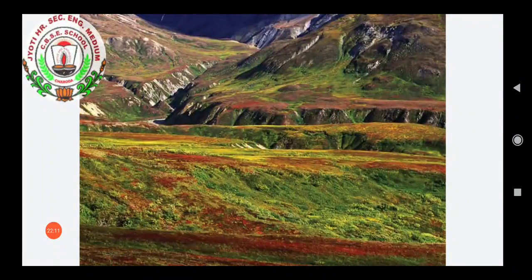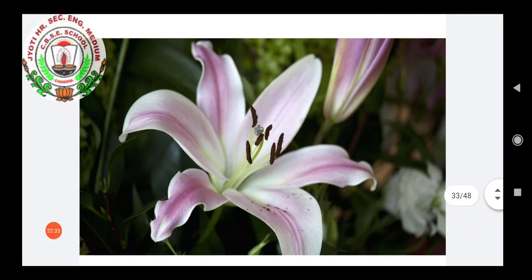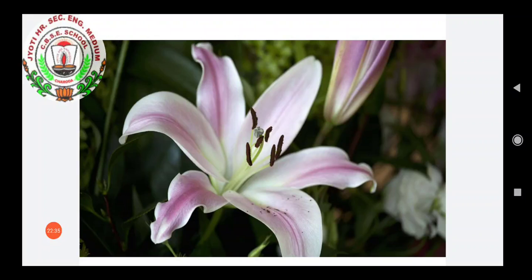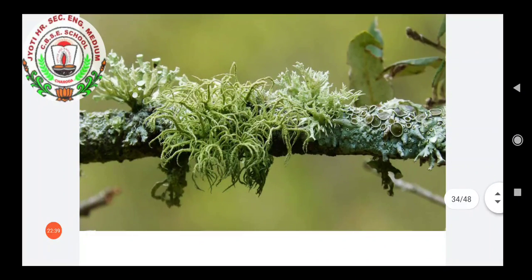Okay. And what is the reason behind no trees being found? Because in this area all the time snow and permanent ice is there, and it is not possible for the trees to grow in the temperature below 10 degrees centigrade. Now here we have some flowering plants like lilies, then lichens.